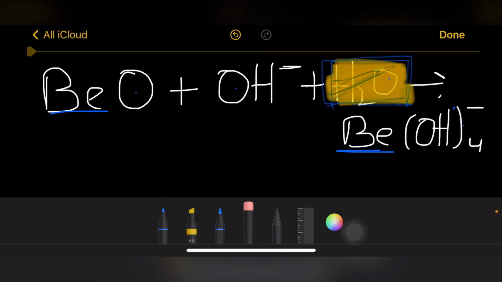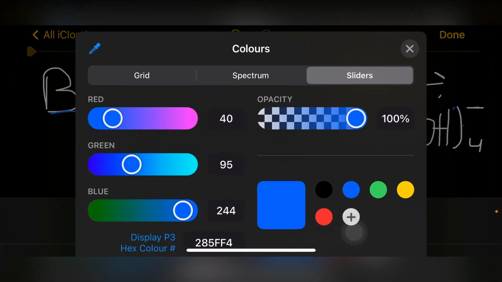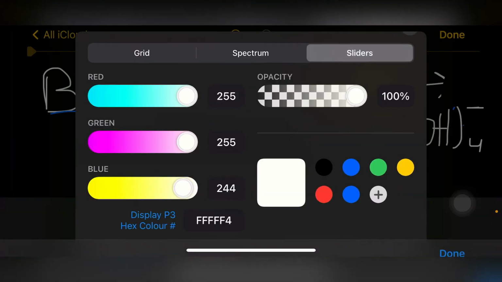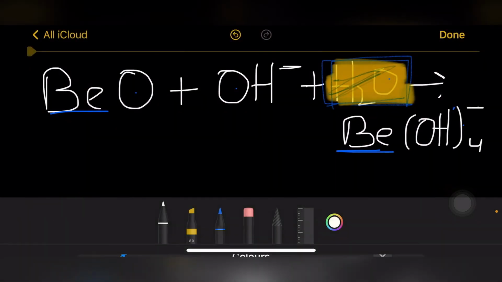Let me erase this. So basically, how about we put a 2 over here, 2 and 4, 2, 3, 4.